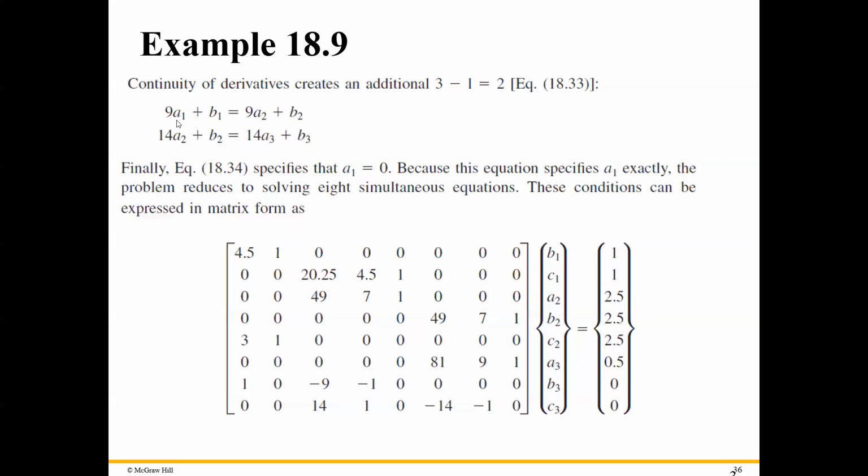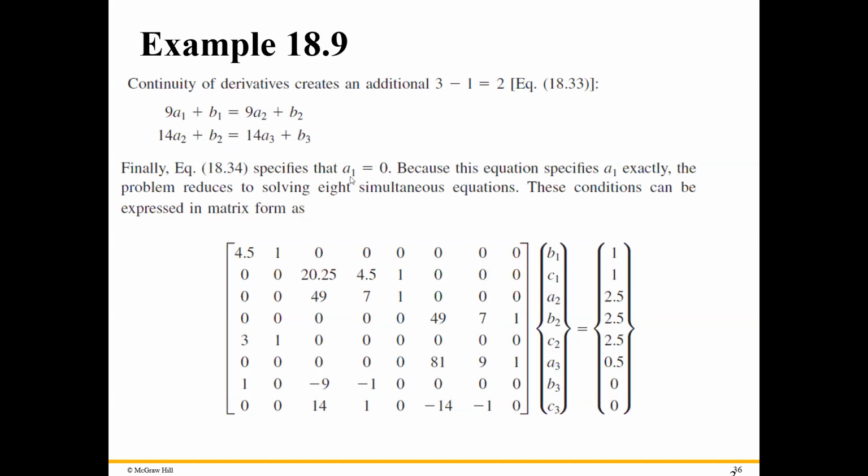So if we take the derivative between the first and the second interval, and then the second and the third interval, we will get these equations. These derivatives will also be the same, and this will give us 2 more equations.